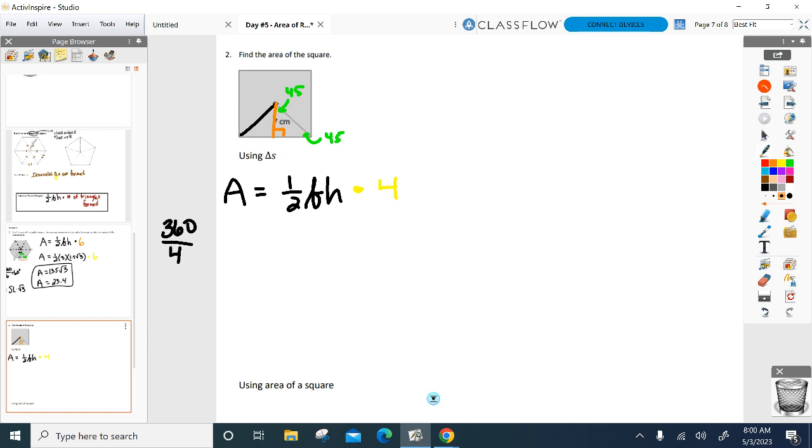So I need help finding the base and the height now. Okay, if it helps, I'll draw it for you too. 45, 45, that was 7.